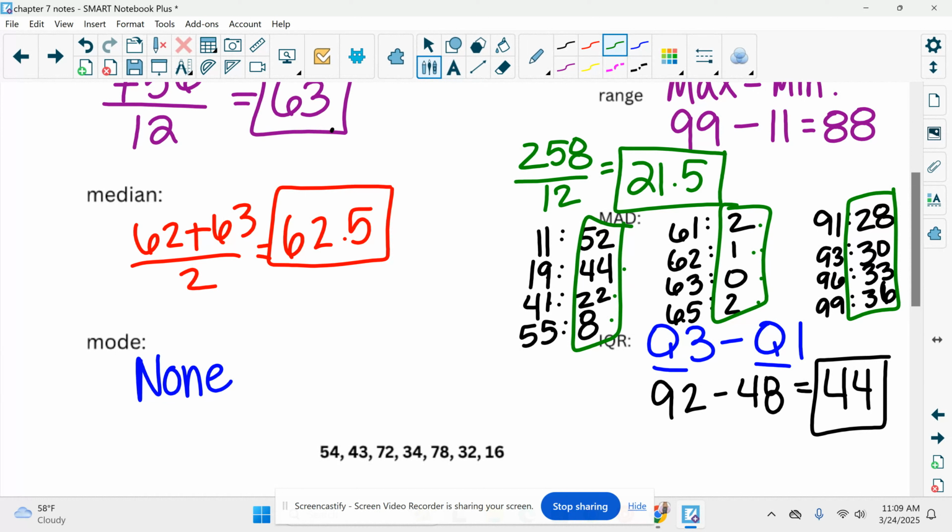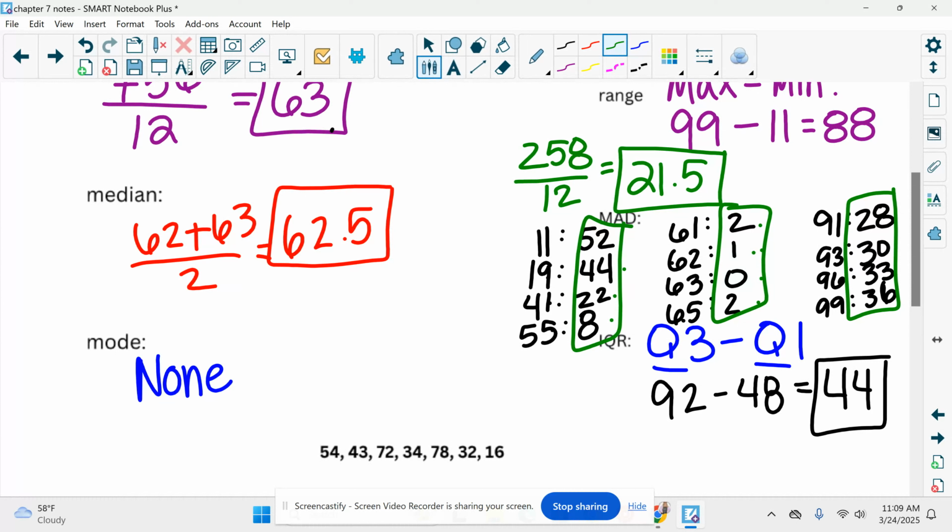Which is a really big range. Which means there was a wide variety. Which means that our mean was not very representative of the numbers. You want a small MAD. Is this a small MAD? No, this is really spread out. It's not going to be the greatest thing for us.